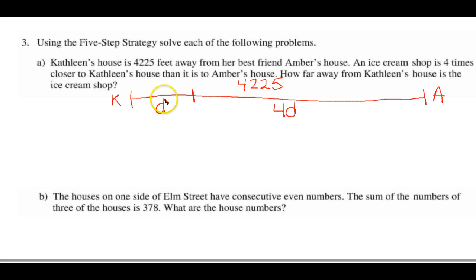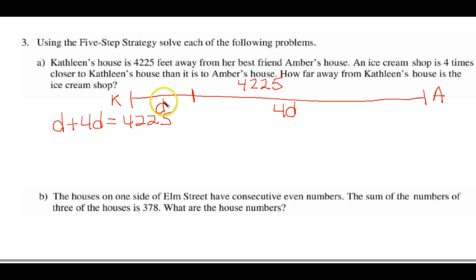Now we know this distance plus this distance equals this distance. So that's our formula. D plus 4D equals 4225.